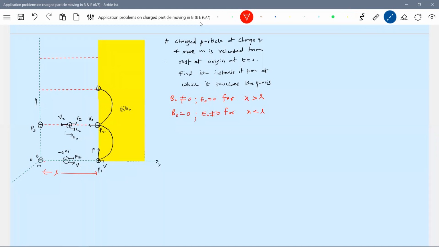Like that, it will keep on happening. How long? As long as the magnetic field is present. So here it is better to show an arrow like this. It will retrace the path. So P1, P2, call this P3.